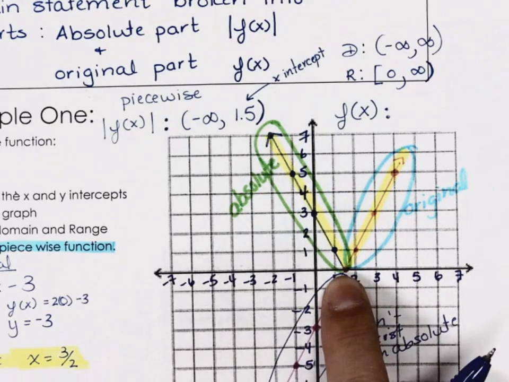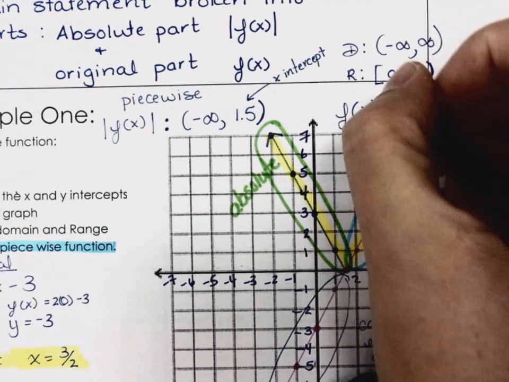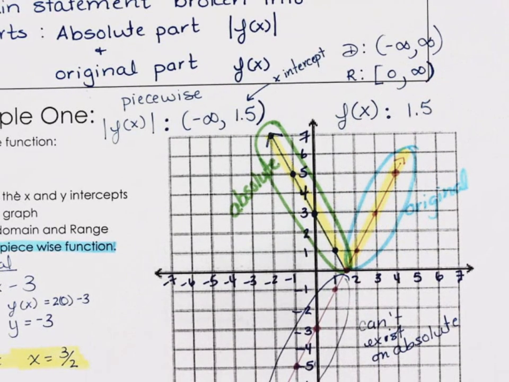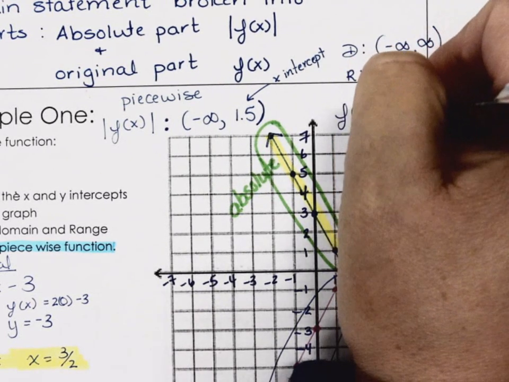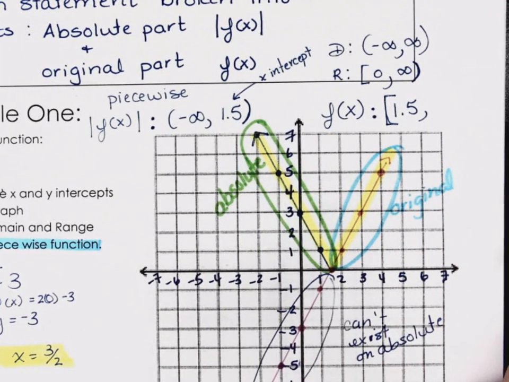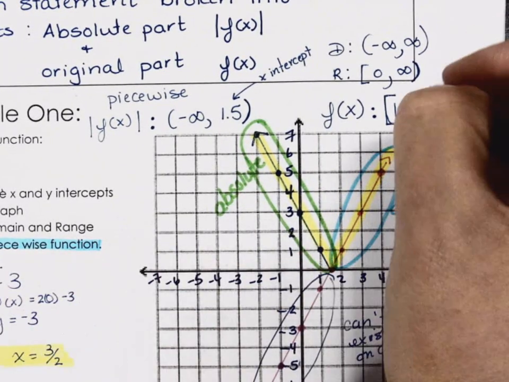Where are we starting? 1.5. This time it's inclusive because what's the absolute value of 0? 0. It didn't change, right? So it gets included with the original. And where are you going to? Positive infinity.